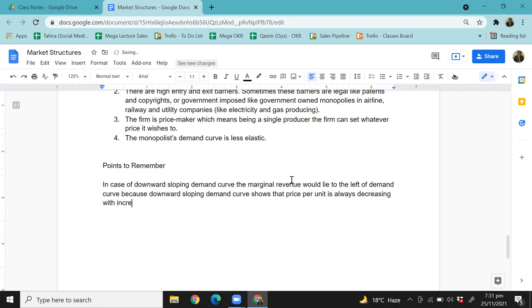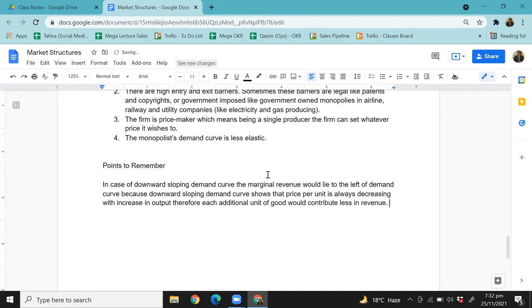With an increase in output, each additional unit would contribute less in revenue. Right? Okay, Preet, let's have a look at this.